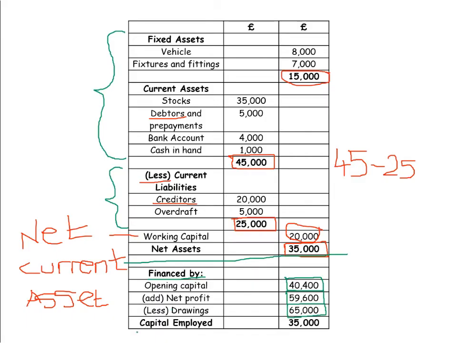So to work out capital employed on this, it's just your opening capital plus net profit, less out. That's why they're giving you these things in brackets to kind of hint to you what you should be doing. Minus out your drawings equals your capital employed, and it's just basically saying how much money has been invested into your business.